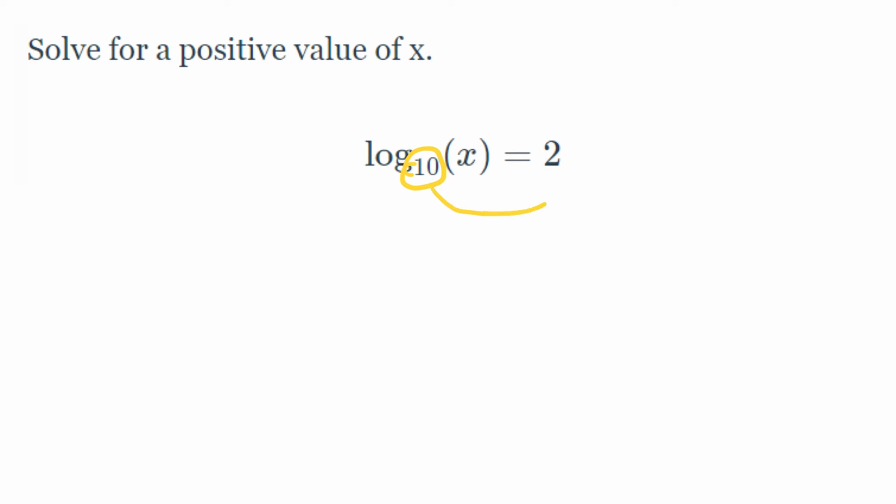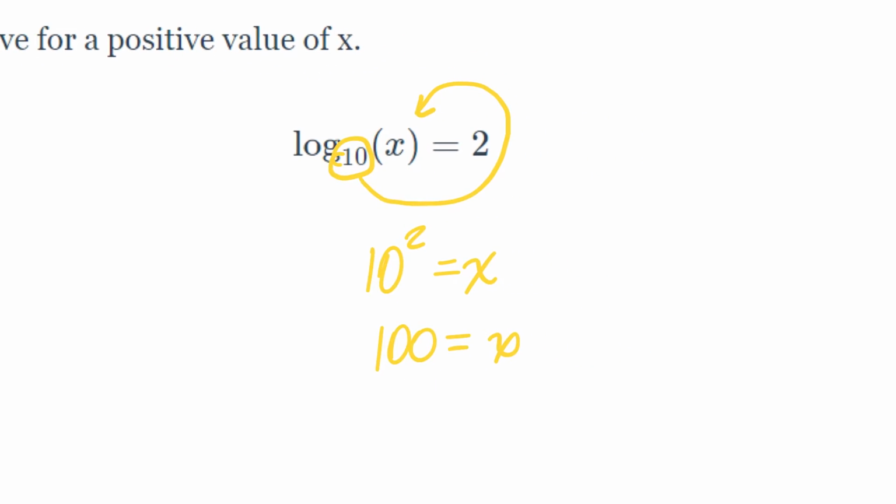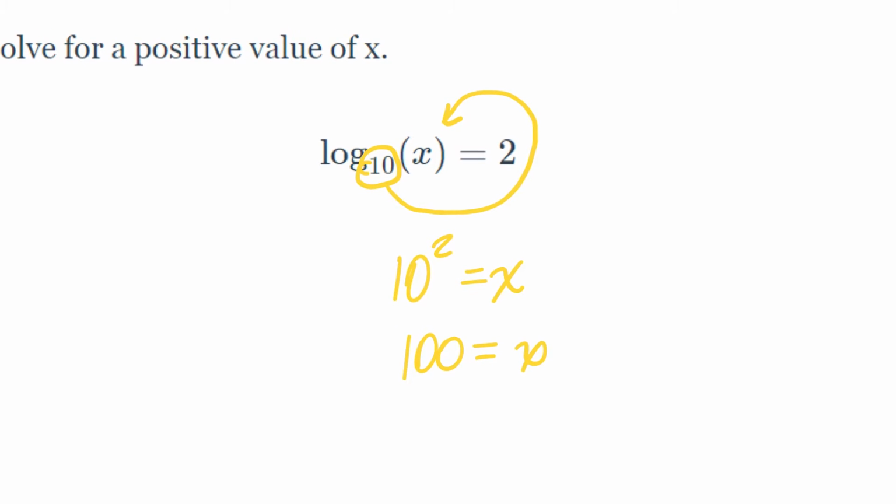We can convert this to 10 squared equals x. 10 squared is 100. So that is option number one. Certain questions it's easier, some it's a little more difficult.